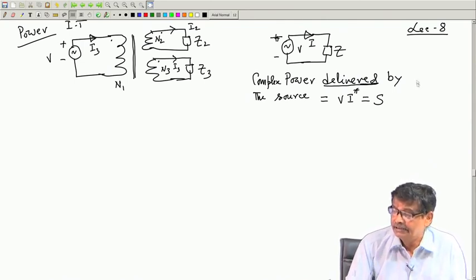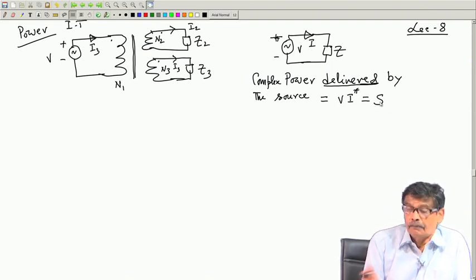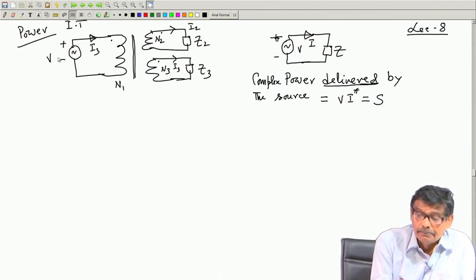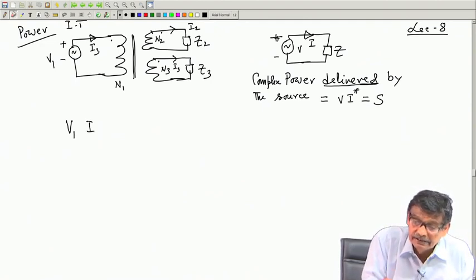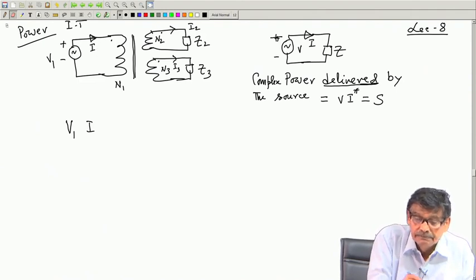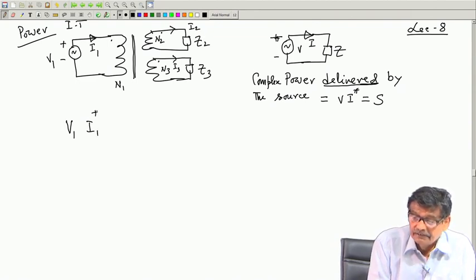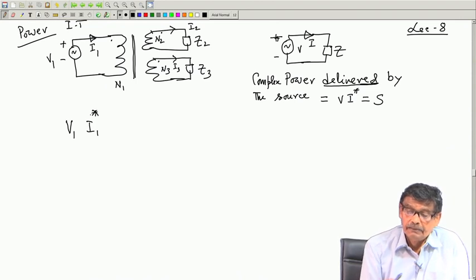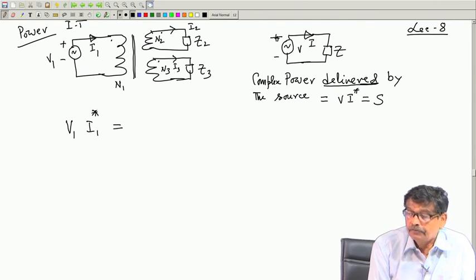So, this is the equation I will be using here to balance the power, and I will demand that, see what is the power delivered by the source. It is V 1 I 1 star, I am so sorry, this is I 1. V 1 I 1 star is the power delivered by the source to the system, and this must be equal to the power absorbed by the load.